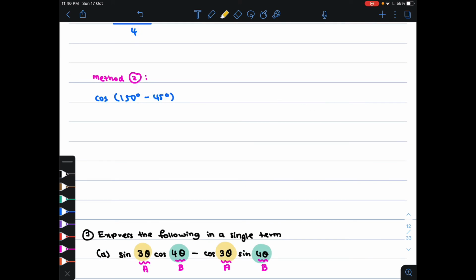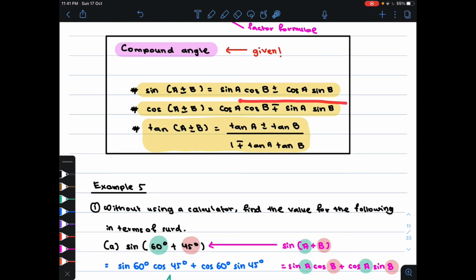For the second method, we have cos 150 degrees minus 45 degrees. Let 150 degrees become A and 45 degrees become B. That will give you cos A minus B, which comes from this formula. So we need cos A minus B. Minus is at the bottom here.